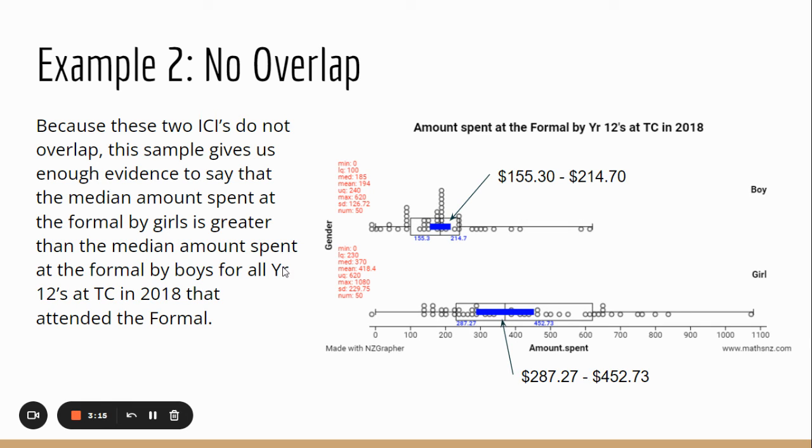So because these two ICIs do not overlap, this sample gives us enough evidence to say that the median amount spent at the formal by girls is greater than the median amount spent at the formal by boys for all Year 12 Tawa College students who in 2018 attended the formal. All right, so we're making that call based on the fact that there is a gap between.